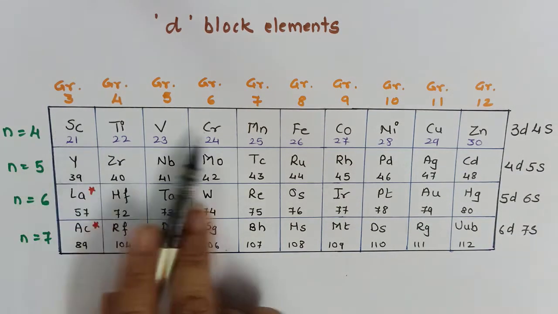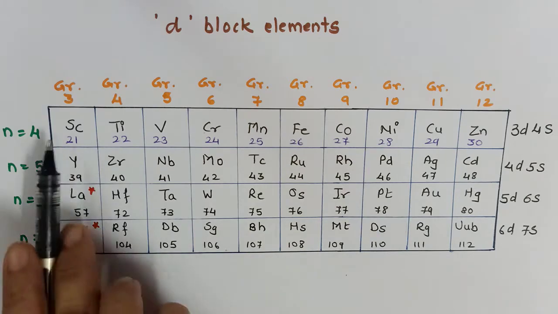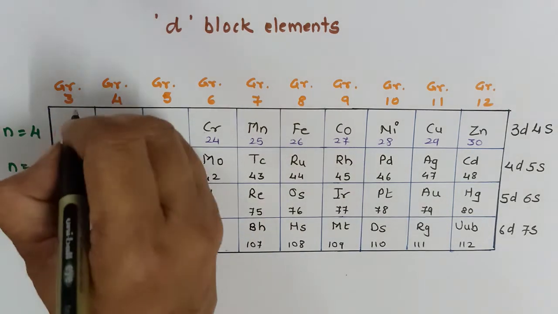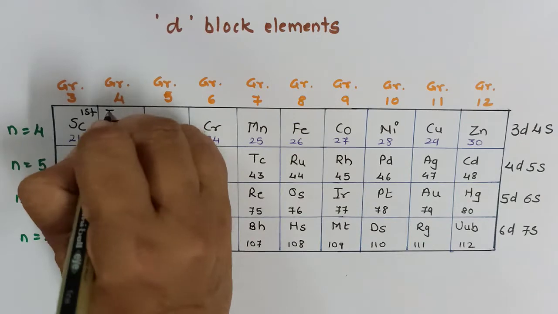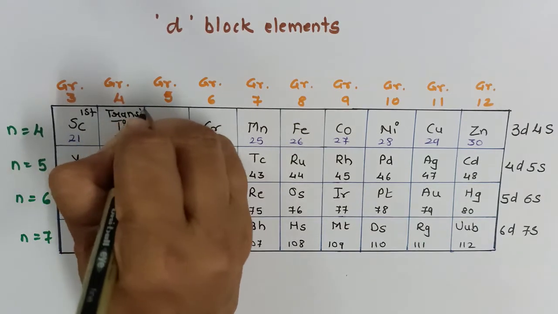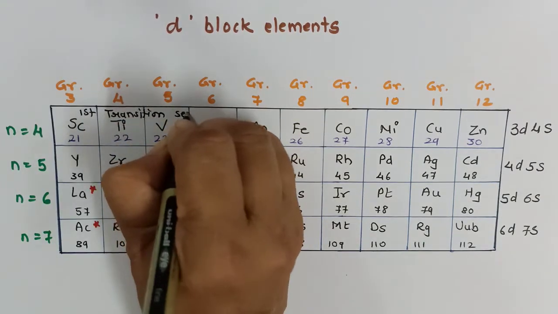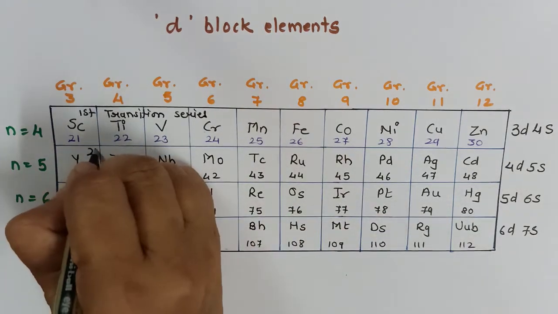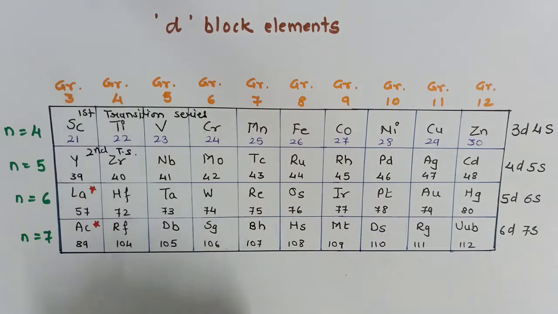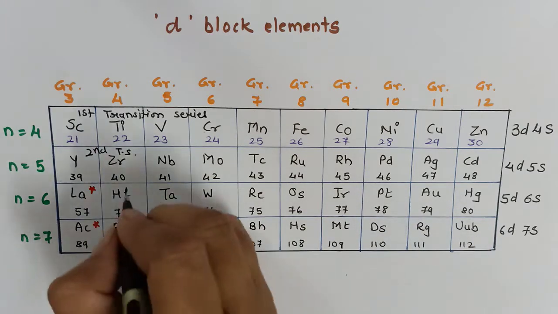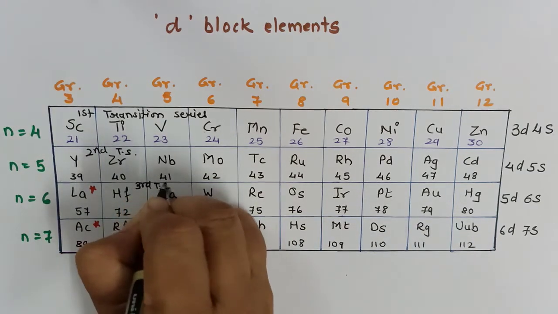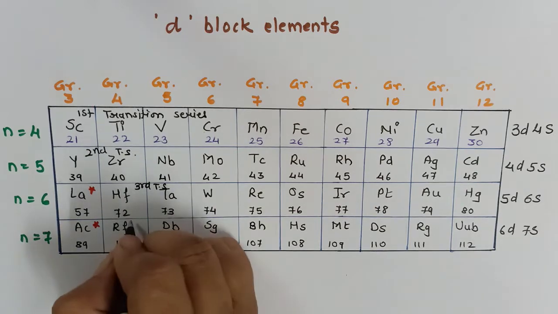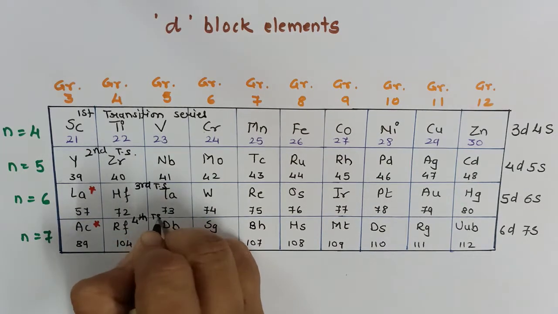Therefore, the first row is called the first transition series. The second row is called the second transition series. The third row is called the third transition series. And the last one is called the fourth transition series.